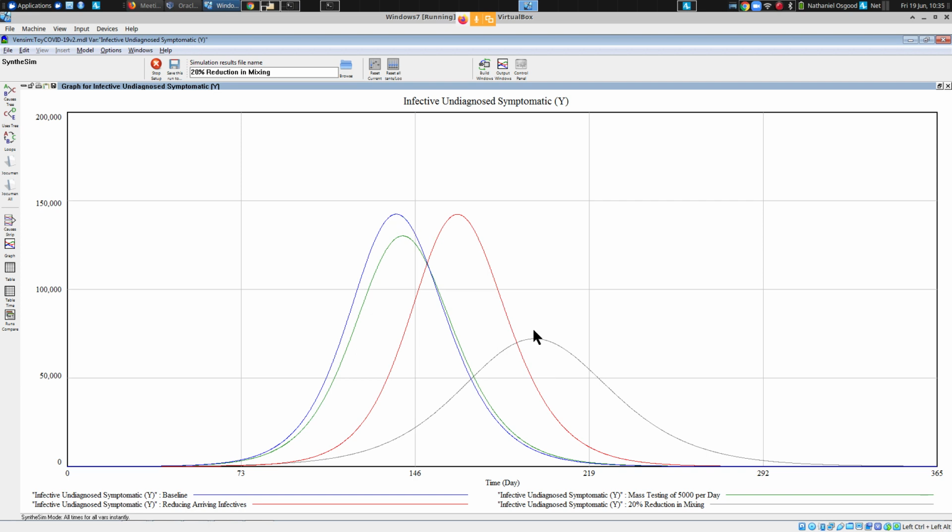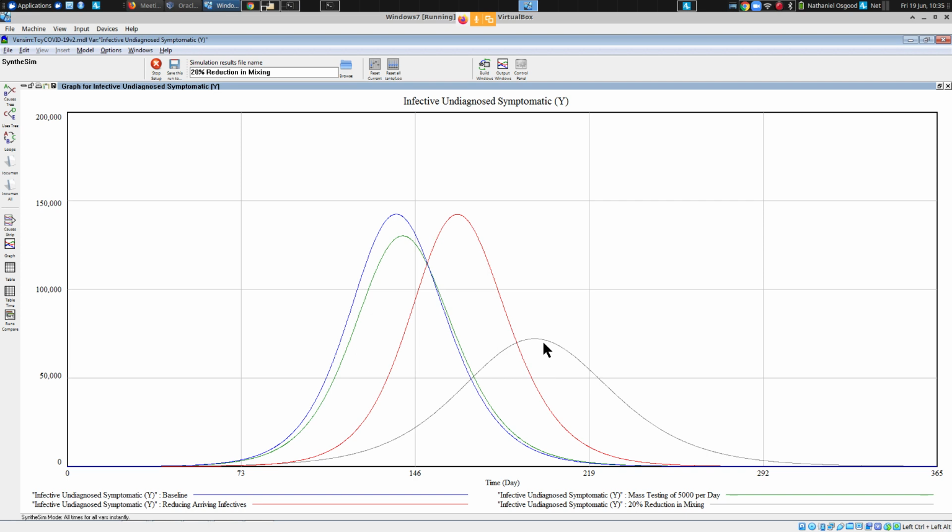All that differed between the baseline, the blue, and this gray curve is the assumption about a reduced mixing rate that obtains for the gray curve. How did that change things? Can anyone say? In terms of the number of people who are symptomatic at any one time and remain undiagnosed, how did that change things?